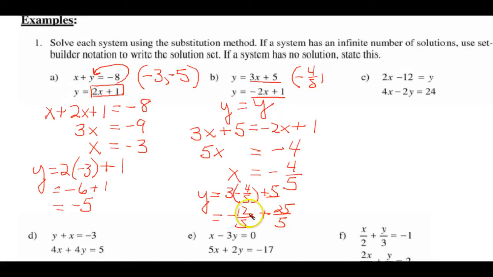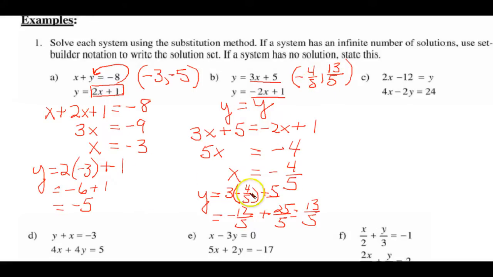But now it allows me to do the addition, and this will equal a positive 13/5. So this ends up as 13/5. Again, this would be very difficult to graph, but algebraically gives a very good, precise answer. And if you check down below, that's what we have.